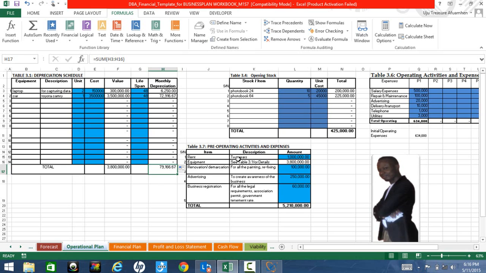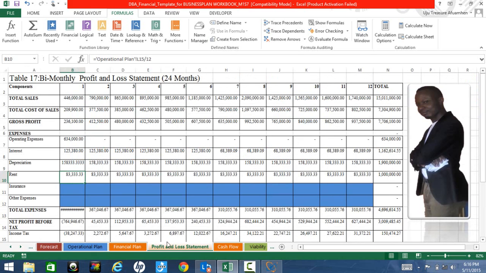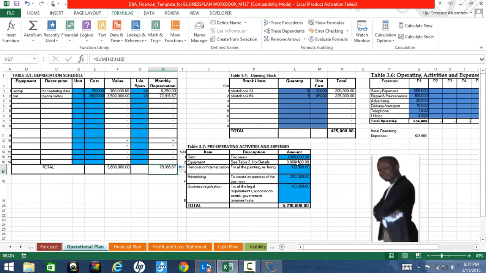The description is for what? 2 years rent, 1 million. So let's come. What cell was that? If you click in this cell, that is L15. So you trace to the left, row 15, column L15.